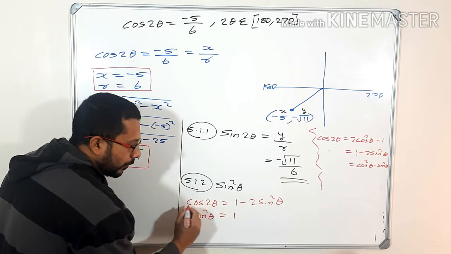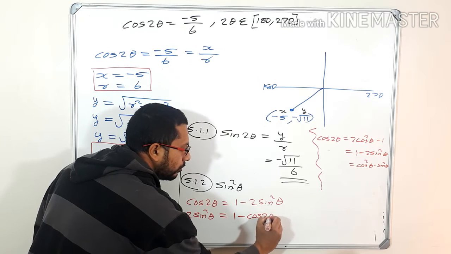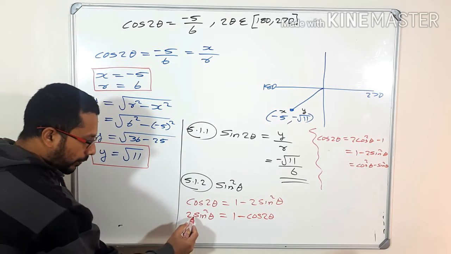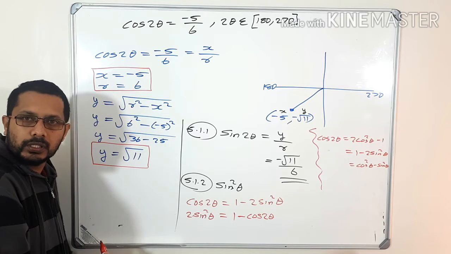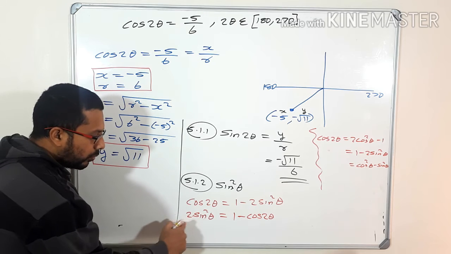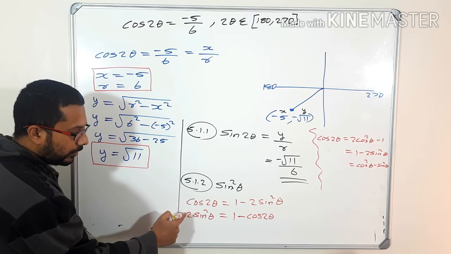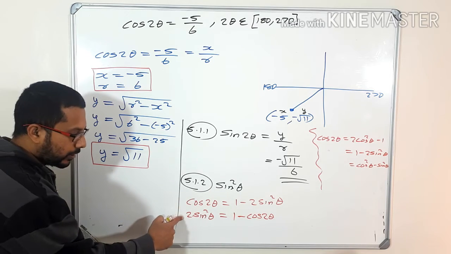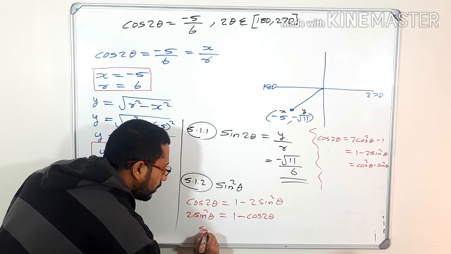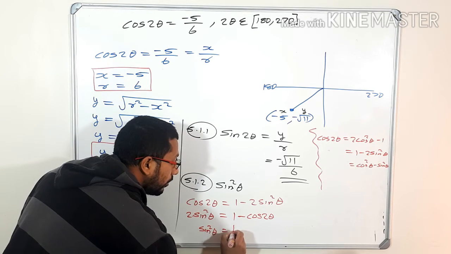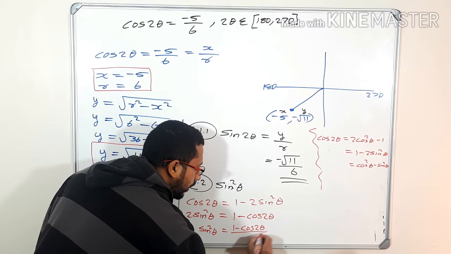Here it is plus, so on the other side it is minus cos 2 theta. From here, what is sine squared theta? This is multiplication, 2 times sine squared theta. So if I take this 2 to the other side, it becomes division. So sine squared theta is equal to 1 minus cos 2 theta divided by 2.